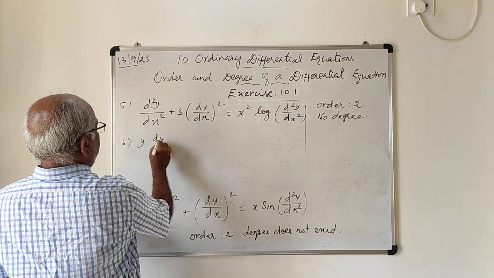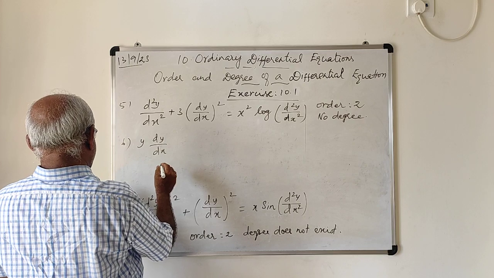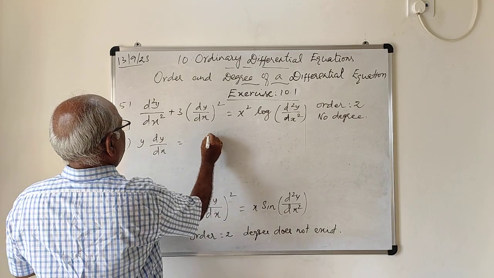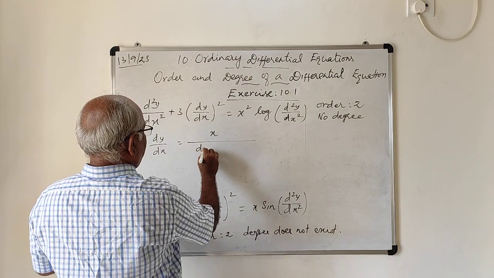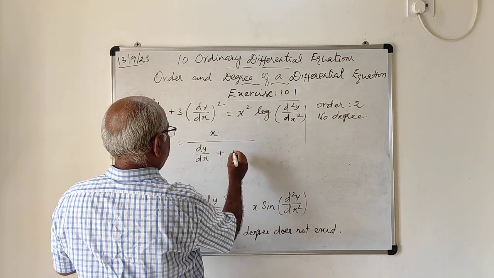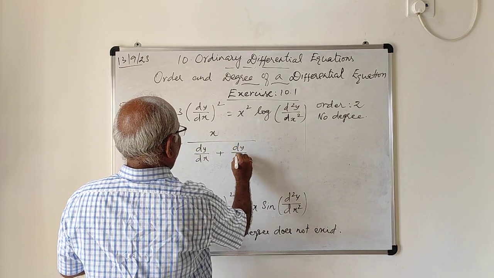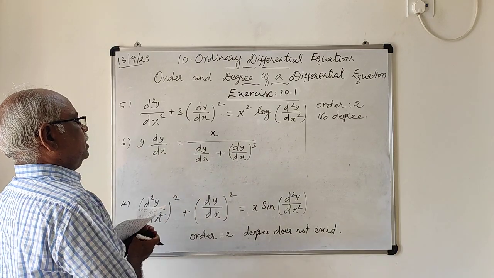y dy by dx equal to x by dy by dx plus dy by dx whole cube. Find out the order and degree of this equation.